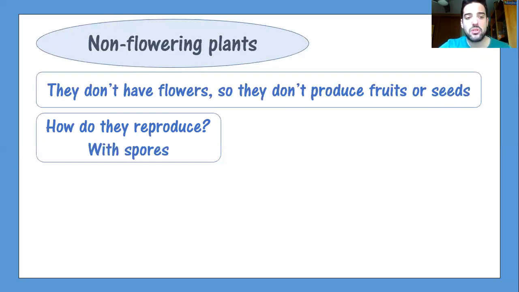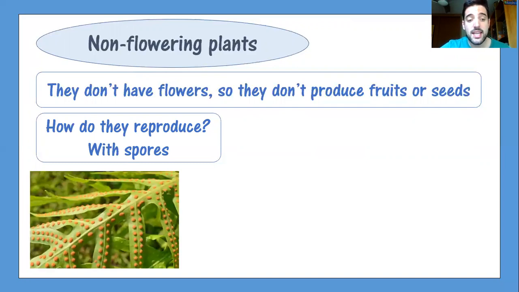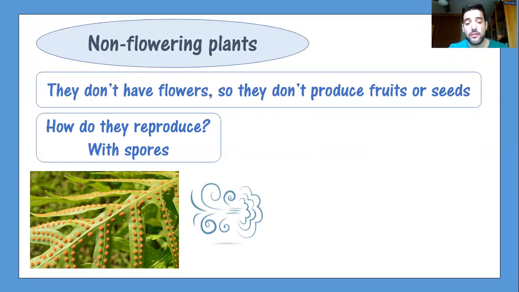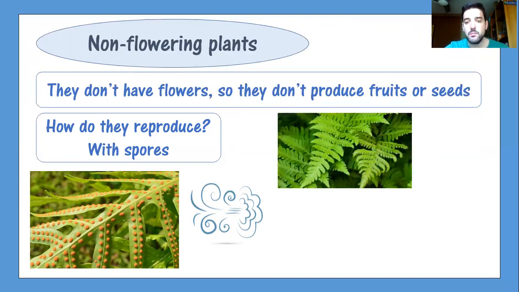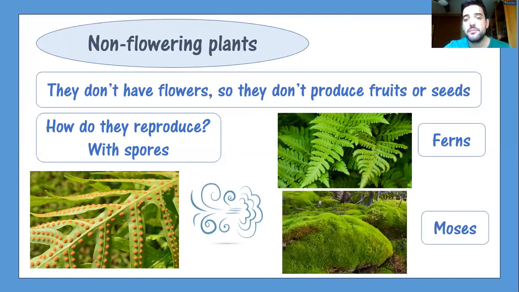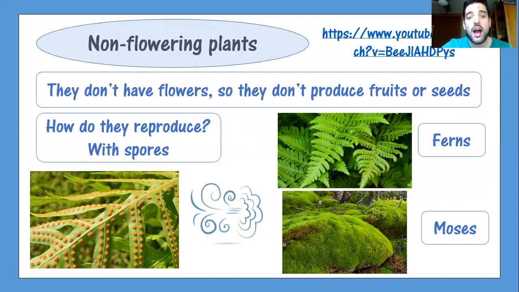Well, they reproduce using spores. These are very tiny capsules that can spread out thanks to the wind. Yes, to the wind. And when these spores land into a new surface, a new plant can grow. It's very easy, right? Examples of these types of plants are the ferns or the mosses. Here you've got a video that explains more about non-flowering plants.